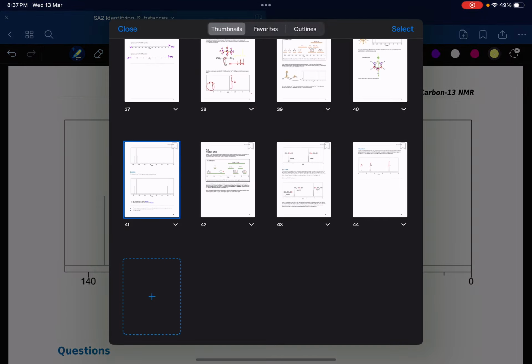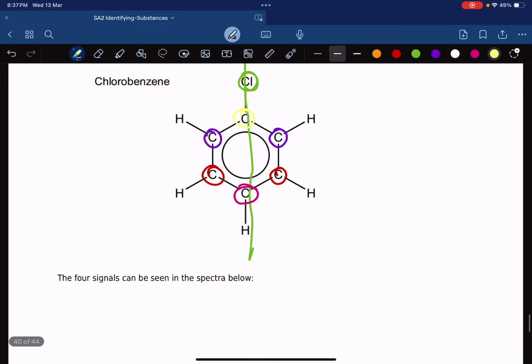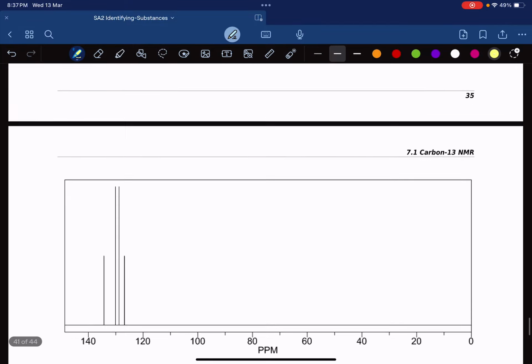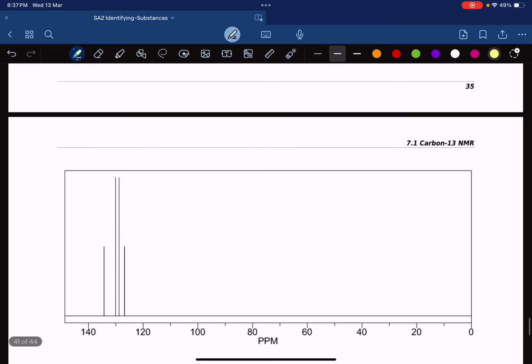You see these two are the same height. And then the other one. This yellow carbon is connected to chlorine, so this is the signal for the carbon connected to the chlorine.